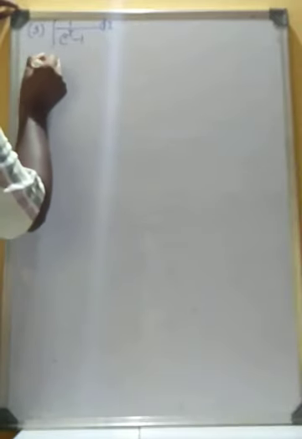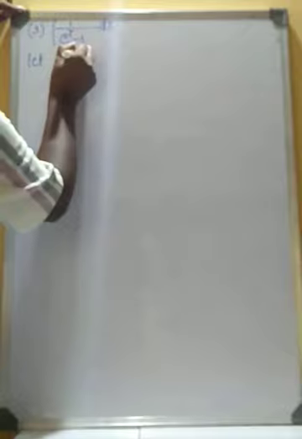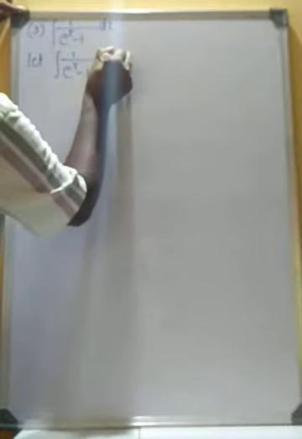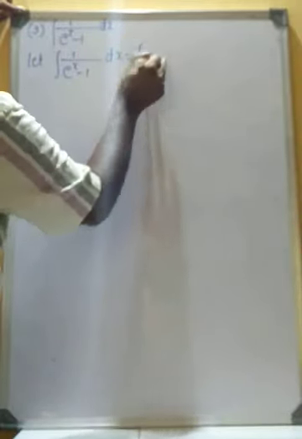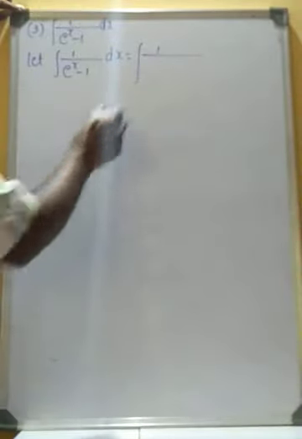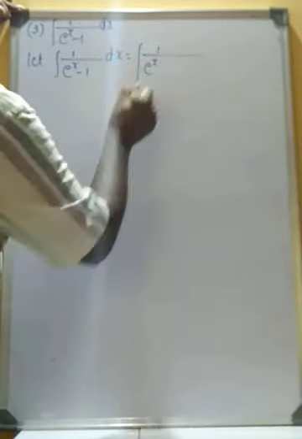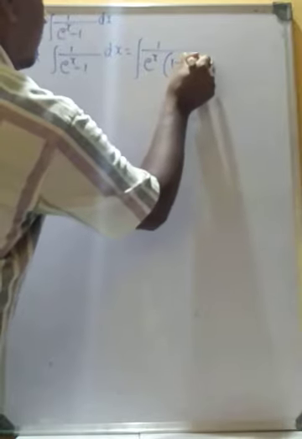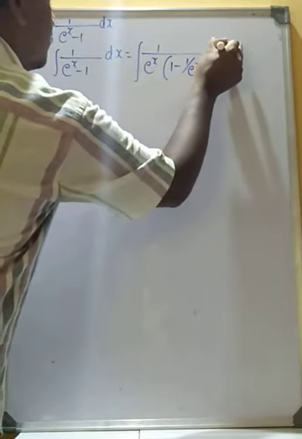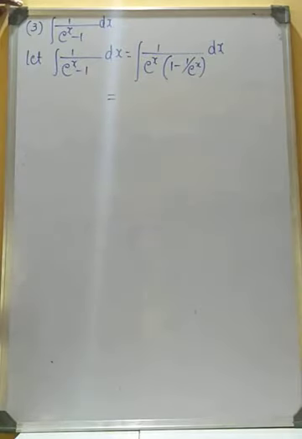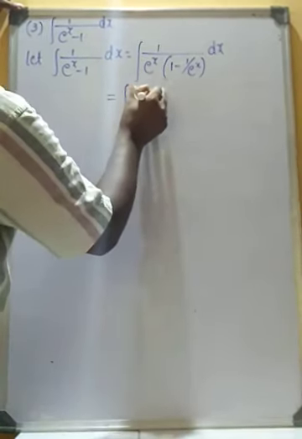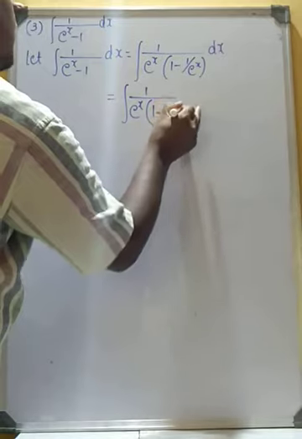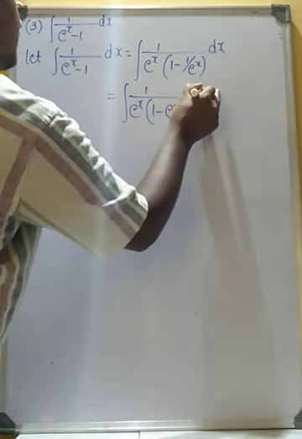So the given integral 1 divided by e power x minus 1 into dx equals integral of 1 divided by e power x, taking e power x common outside, in bracket 1 minus 1 by e power x into dx, equals integral of 1 divided by e power x in bracket 1 minus e power minus x into dx.